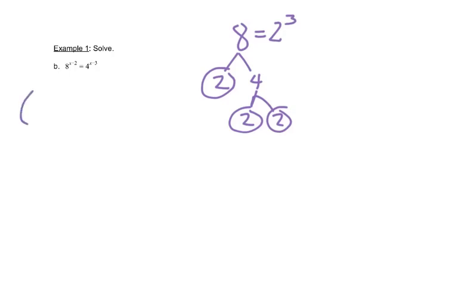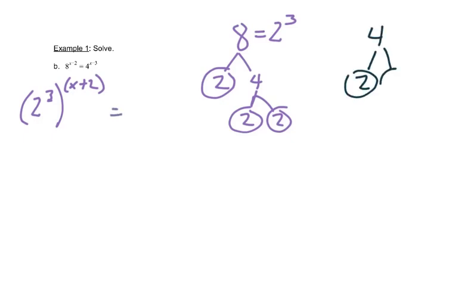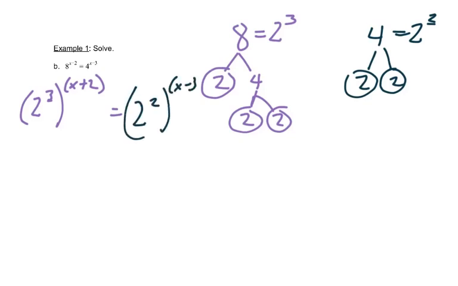So the left-hand side, we would write it as 2 to the third, and it still has an exponent of x plus 2. Now the right-hand side, we recognize that we can break 4 into 2 times 2, or 2 squared. So we have 2 squared, and it still has an exponent of x minus 3.